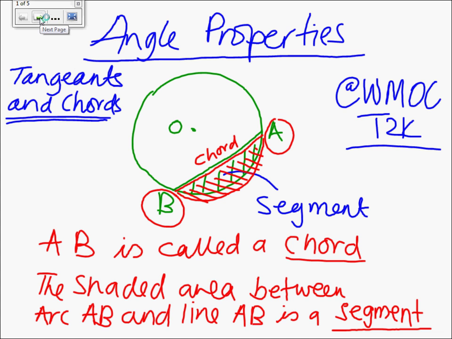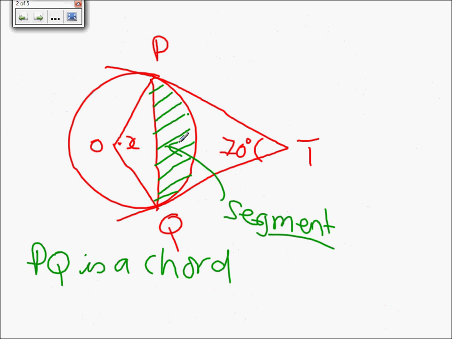If I gave you a question, here's a circle. We did this in the previous section as well, but for the sake of understanding, you see the question, if this is T, and that is Q, and that is P, and that is X. And we are given that the value of that is 70 degrees.